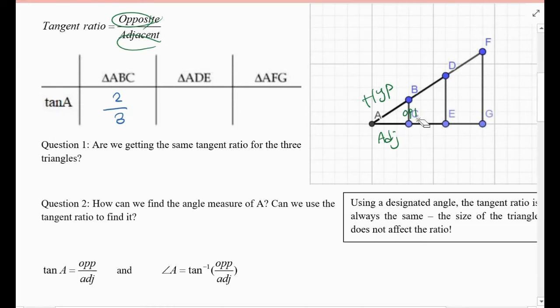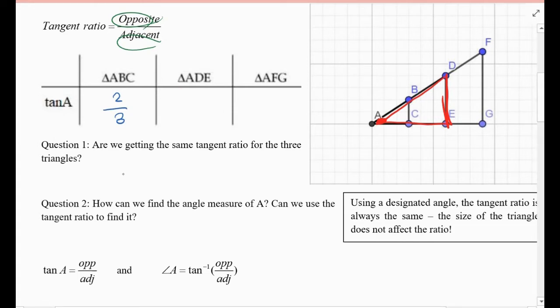Okay, so we're going to use the same angle A, but a different right triangle, which is ADE. Before we do this, I want you to guess: do you think we will get the same number or a different number? The same ratio or a different ratio?